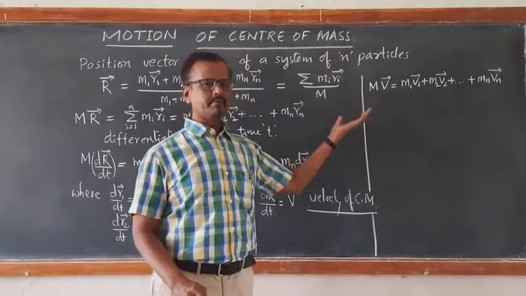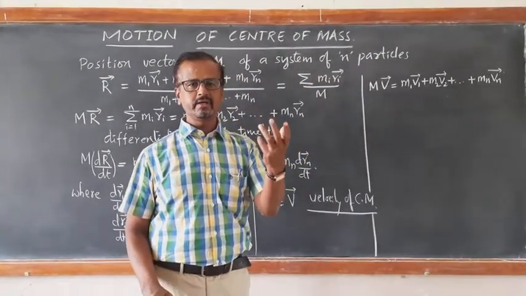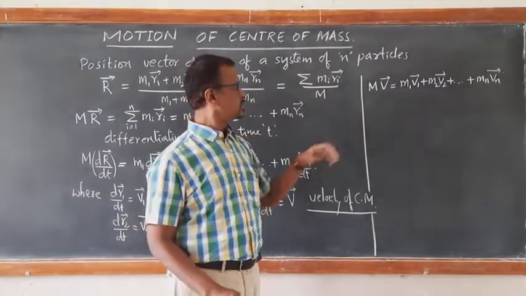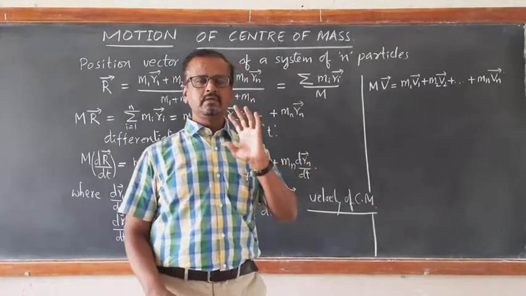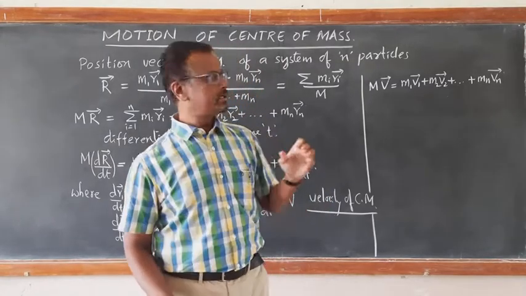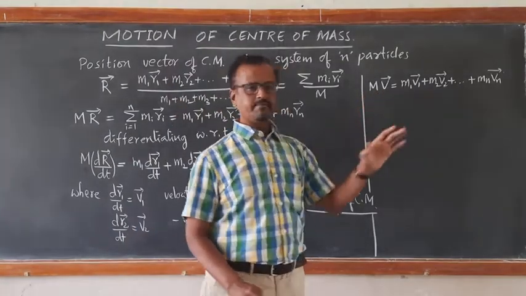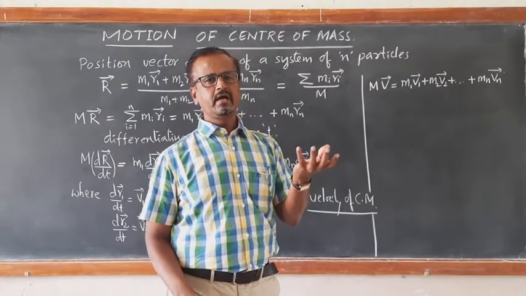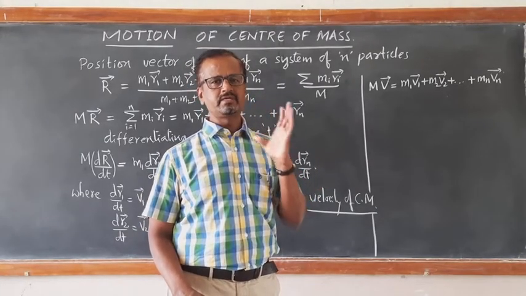Same thing can be even applicable to a rigid body consisting of n particles. So total momentum of the system of n particles is product of mass of center of mass and velocity of center of mass.